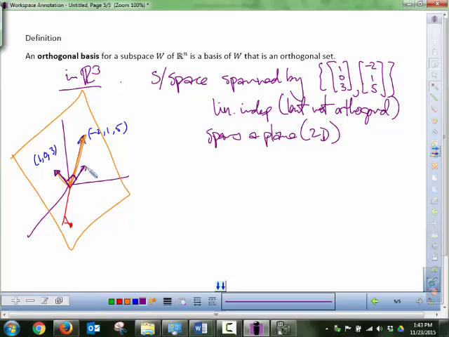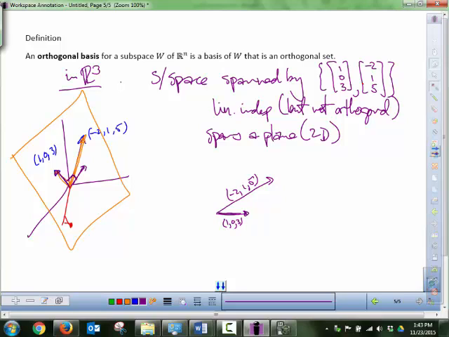Okay, let's redo this. Let me redraw the two vectors again. And let me draw it like this. Do you know where I'm headed with this?